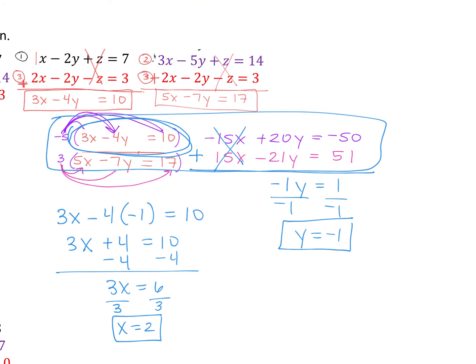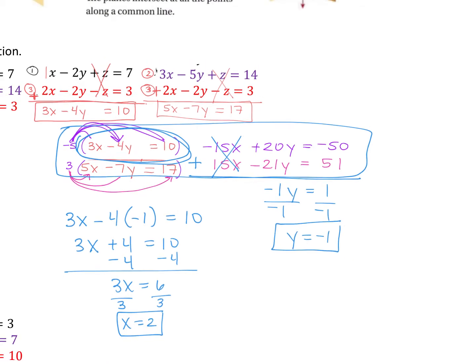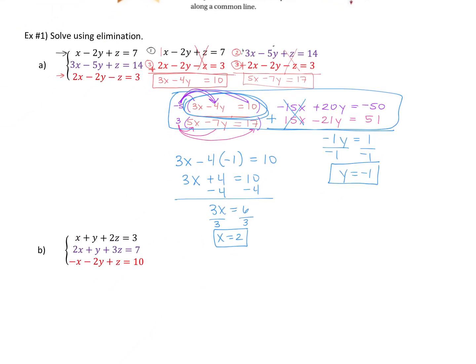How do we find z? Now plug those 2 into one of the z's. I would go here. Okay, I would take that very first one because it's got small numbers. So x is 2 minus 2 times your y value is negative 1 plus z equals 7. So this is 2 plus 2 plus z equals 7.